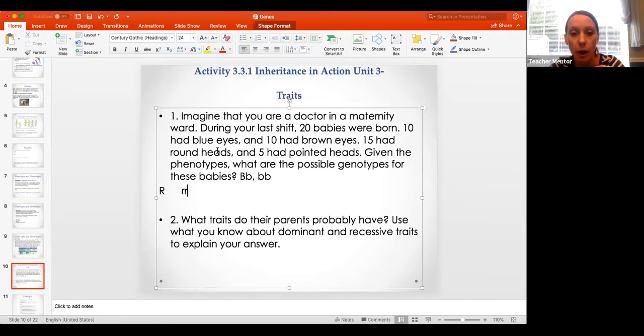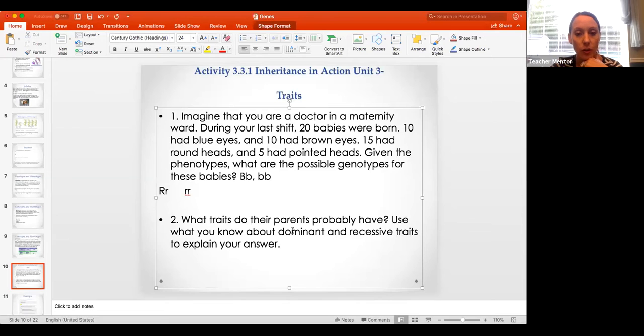So if we've got dominant and we have recessive, we then know that the dominant one over here has to be a carrier of a lowercase or a recessive trait. Okay. So again, we couldn't have two round alleles. It would not happen because you've got recessive traits there.